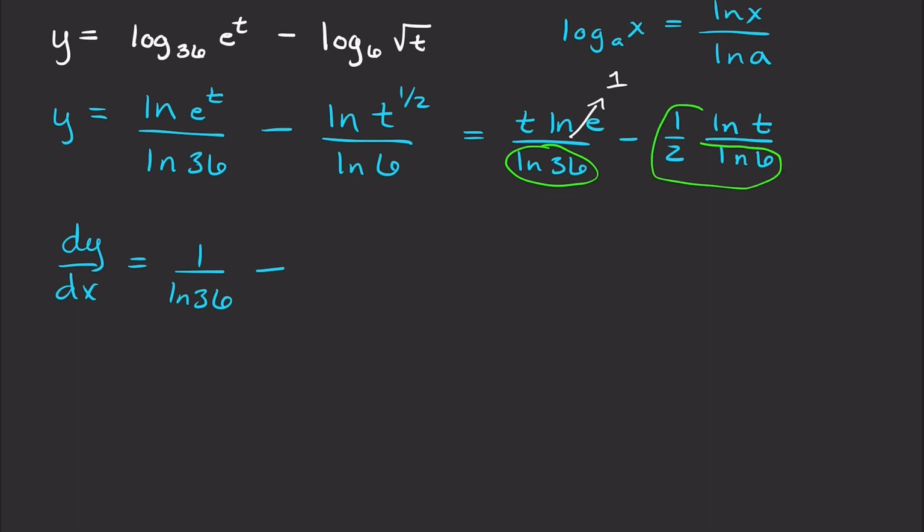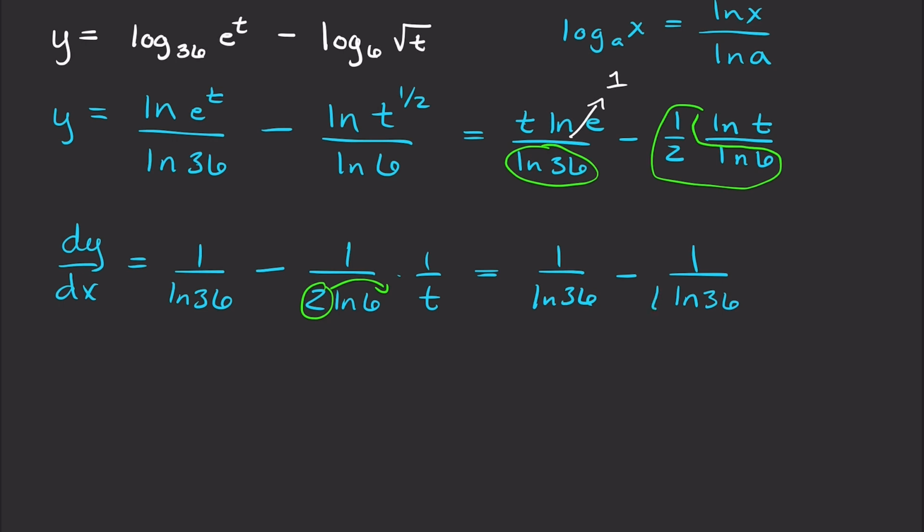And then minus the derivative of the second term. Here, this is just a number, so it will come out front: 1 over 2 natural log of 6 times the derivative of the natural log of t, which is just 1 over t. So we can write this as 1 over the natural log of 36 minus 1 over, and I can do the same property of logarithms to bring this 2 up as an exponent of the argument of this natural log, and this will be natural log of 6 squared, which is just 36.